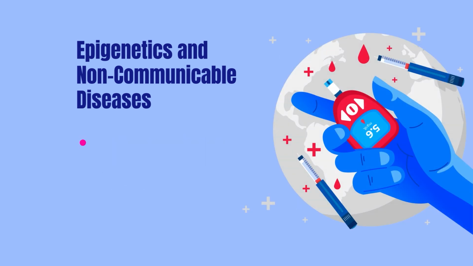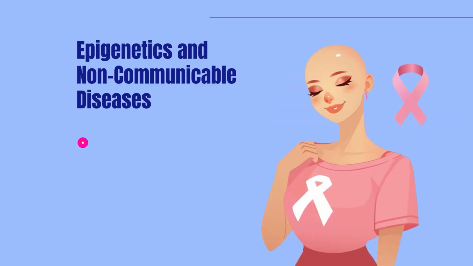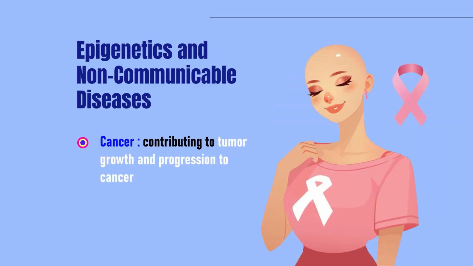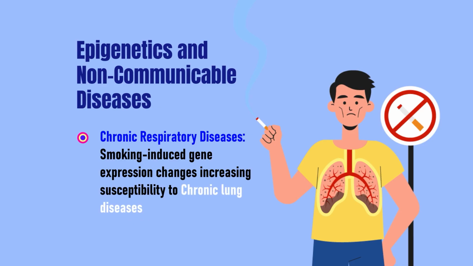Similarly, there are alterations in insulin related genes that can affect glucose metabolism, increasing the chances of diabetes. Some changes contribute to tumor growth and progression of cancer. And it has been found that smoking induces gene expression which results in increased susceptibility to chronic obstructive pulmonary disease.